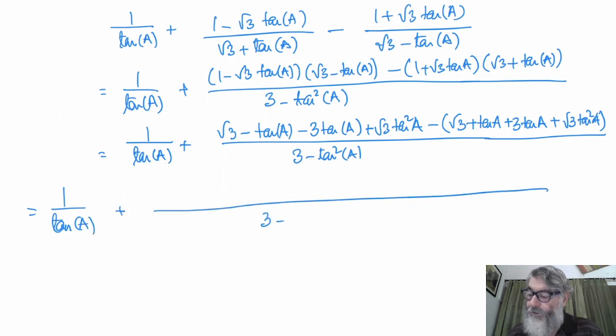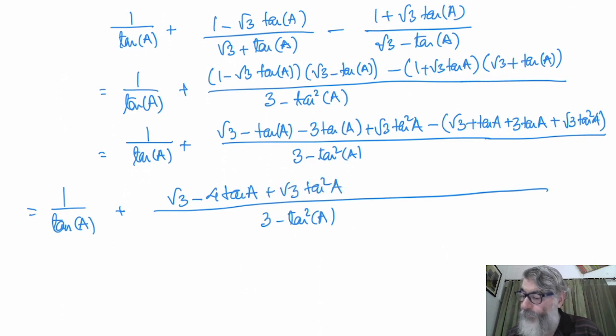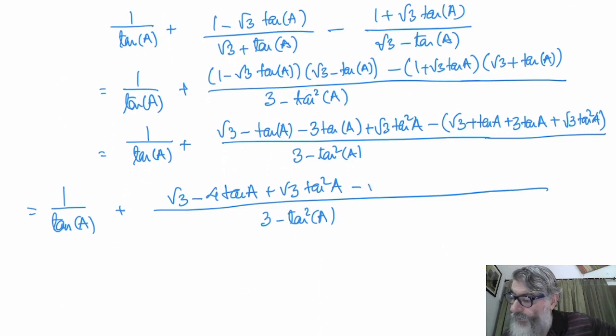Now let us open up the bracket and first of all combine them: root 3 minus 4 tan A plus root 3 tan square A. It will open up here and become minus root 3 minus 4 tan A minus root 3 tan square A.